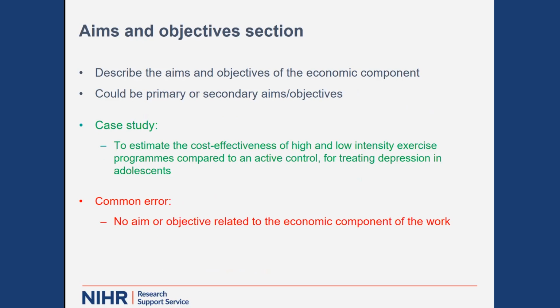If you've got a health economic strand, you want an explicit objective around the health economics. If you don't, it looks odd if economics suddenly pops up towards the end of your application and it wasn't mentioned in your aim or objective. It doesn't look very well thought through. So make sure things tally up. You've got an objective and then you've got your methods for that later on.